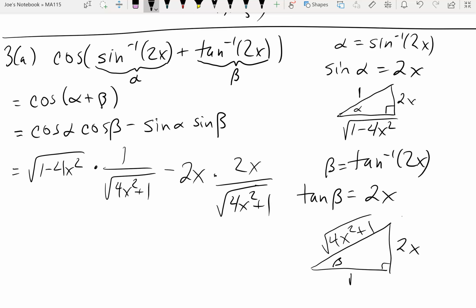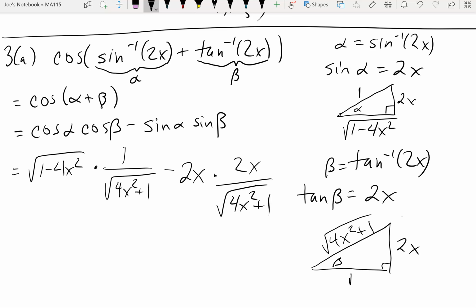But again, we're given information about the sine, so we labeled the opposite and the hypotenuse. Right? And then, just like we did over here, you would use the Pythagorean theorem to fill in the missing side. And then we use the triangle to fill in the values.